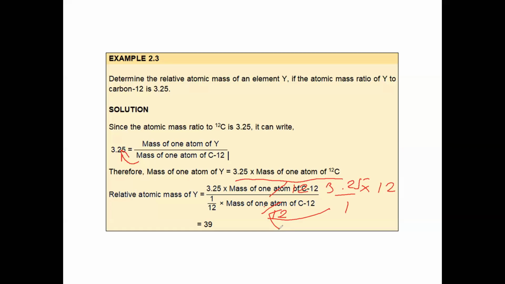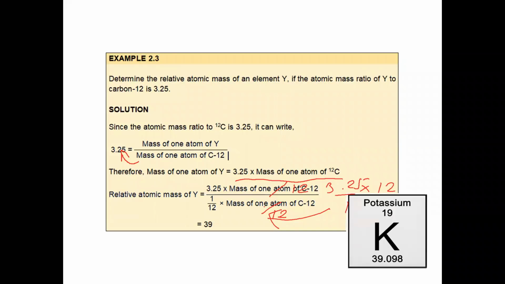So, if you look at the periodic table, then the relative atomic mass of Y is 39, which is referring to the potassium atom. Okay.